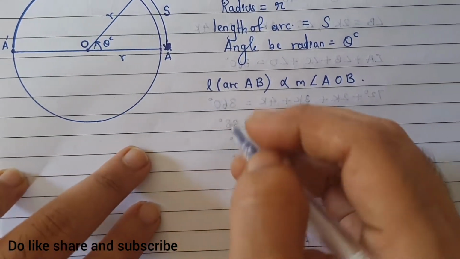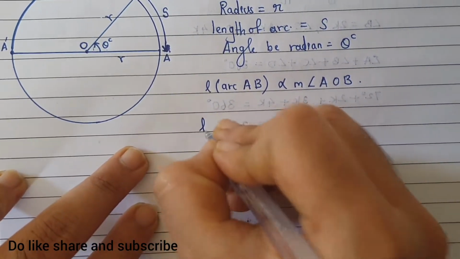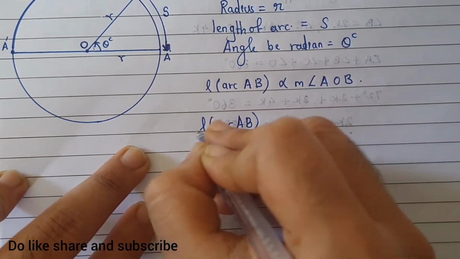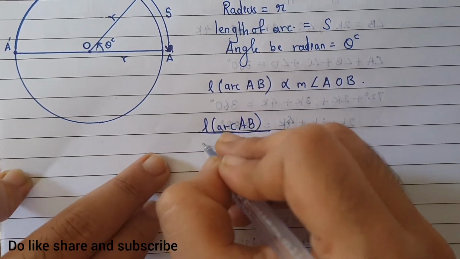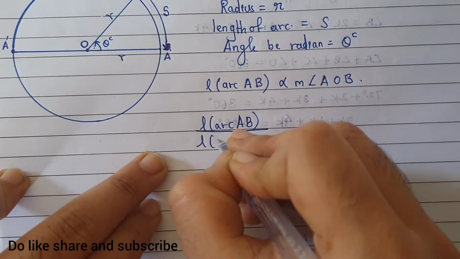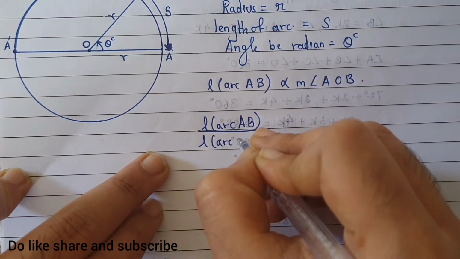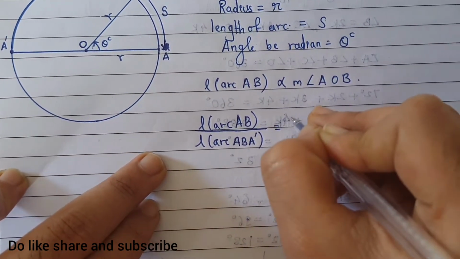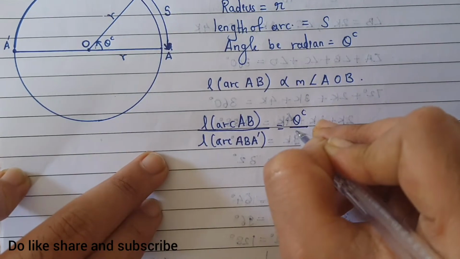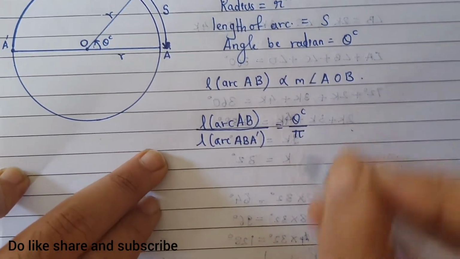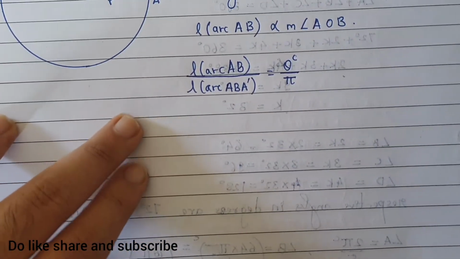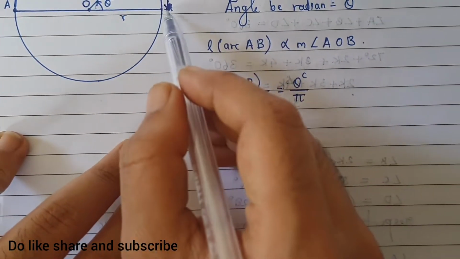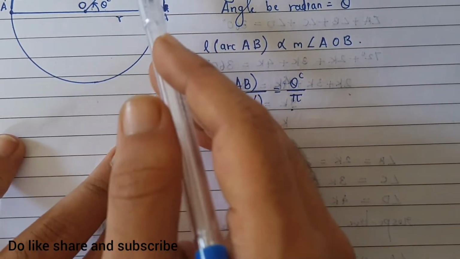Now we can write length of arc AB to that of length of arc AB A dash is equal to theta radian per unit pi. See, this pi is due to the circumference of the circle, that is A B A dash.